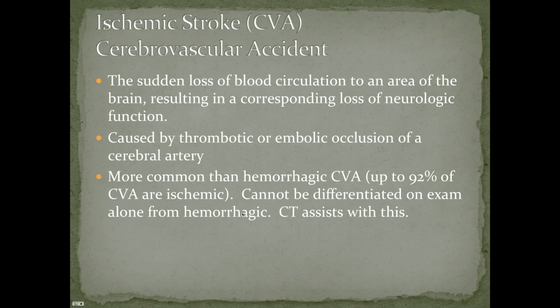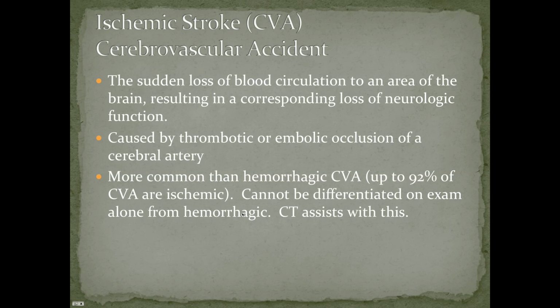Ischemic stroke, also known as cerebrovascular accident. To put it simply, a stroke is loss of blood circulation to part of the brain, which causes that part of the brain to infarct and die. And you get neurologic symptoms and deficits based upon what part of the brain died.